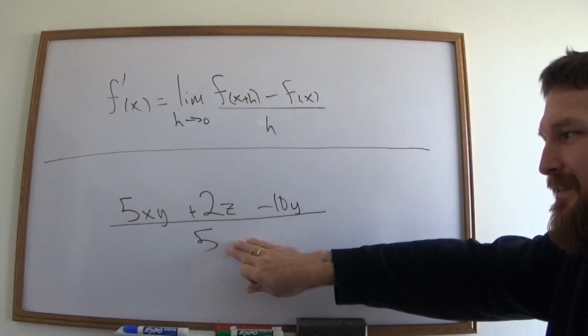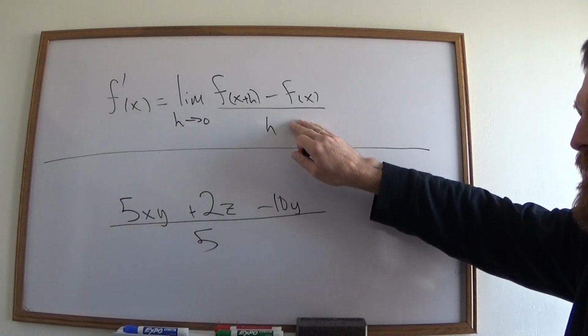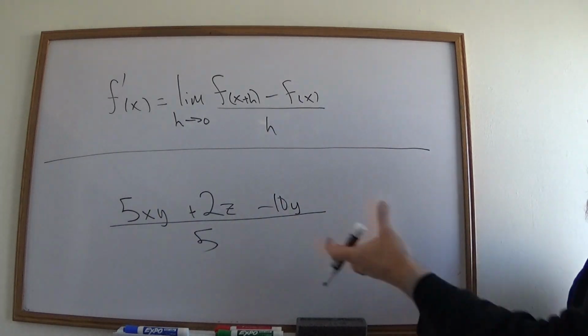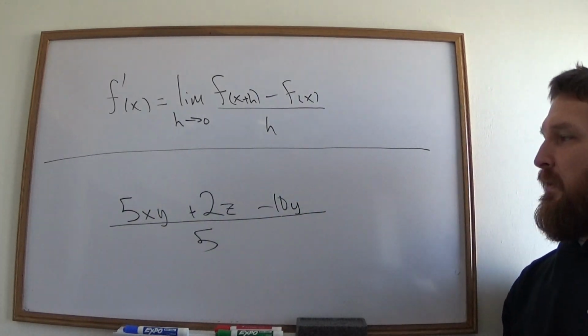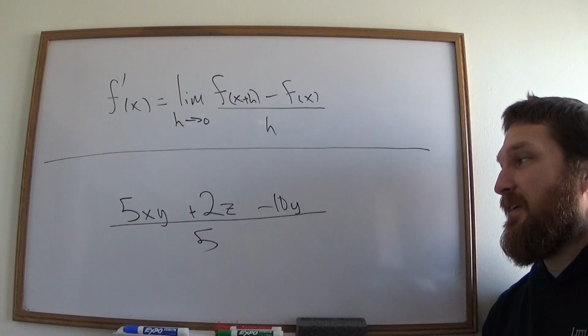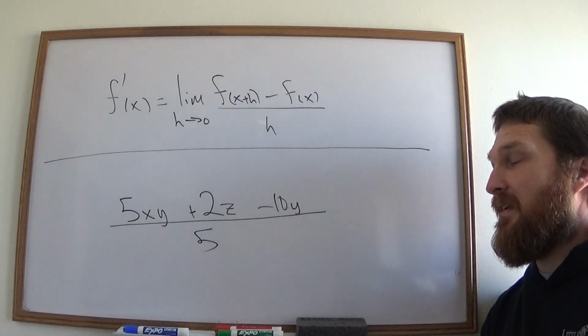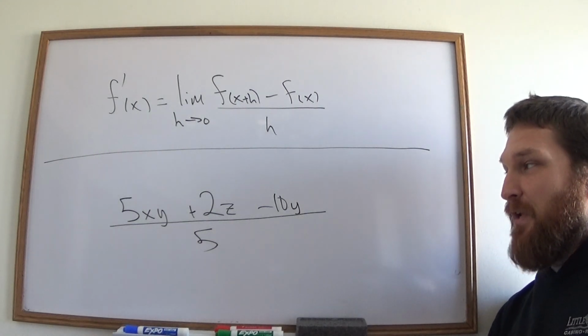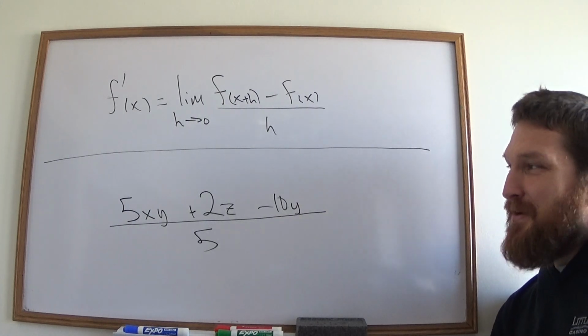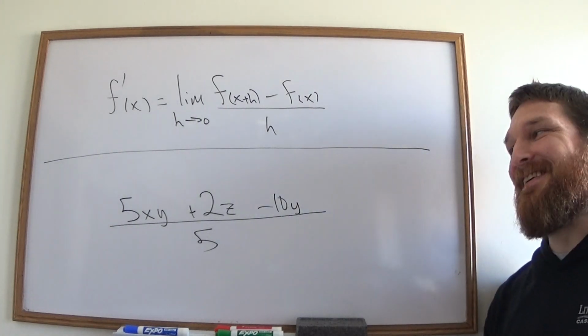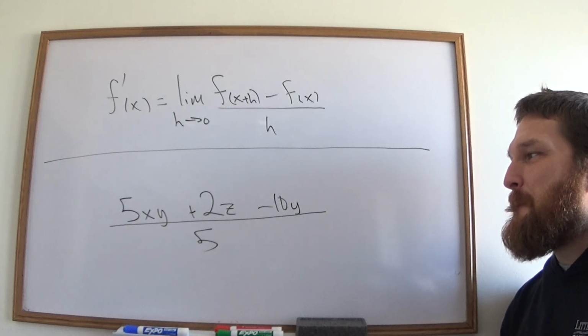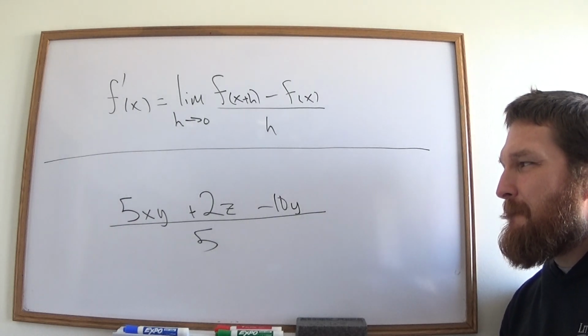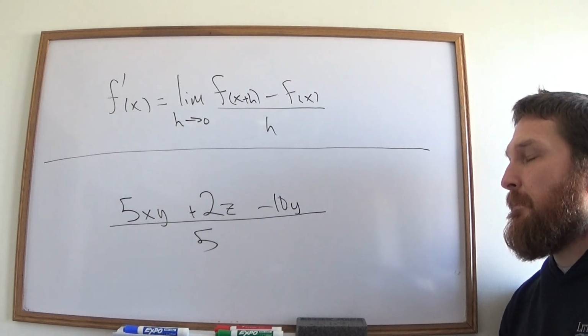What I just did really doesn't have anything to do with this. Let's say you're looking at that and you're like, man, I don't know what to do with that. What might you do? What's your intuition telling you to do? Split it up. You could split it up.